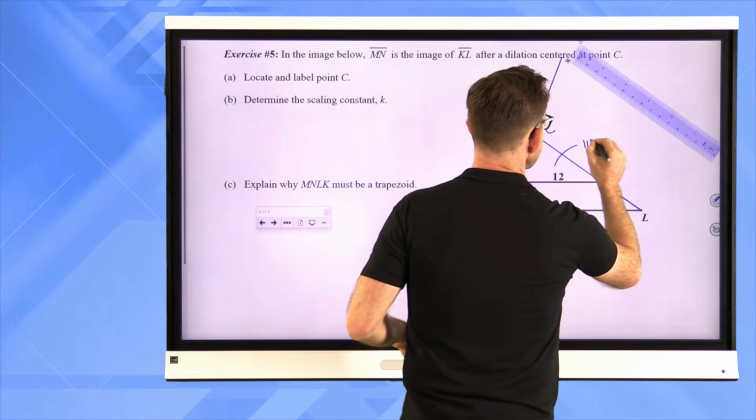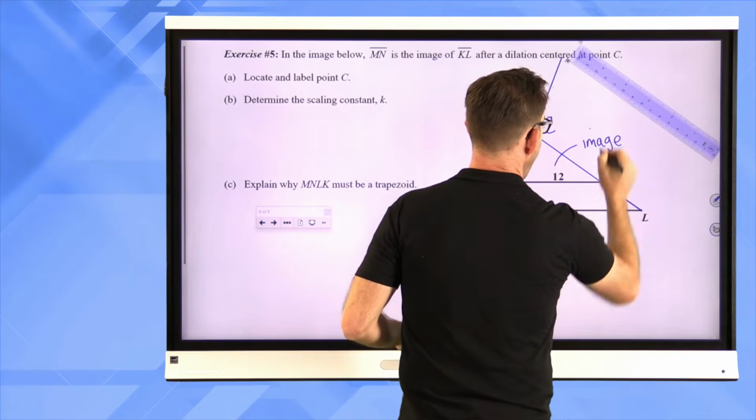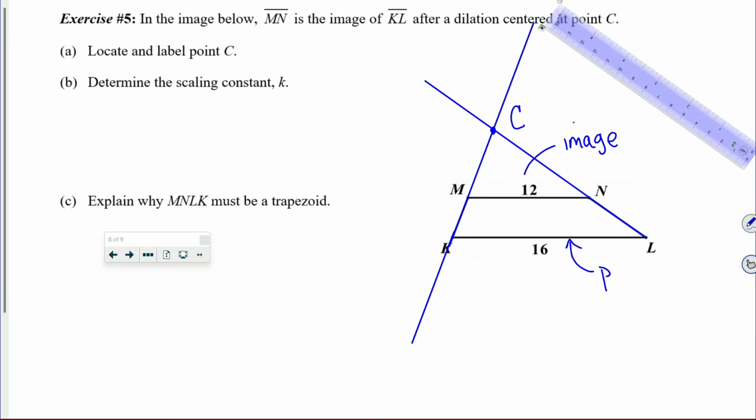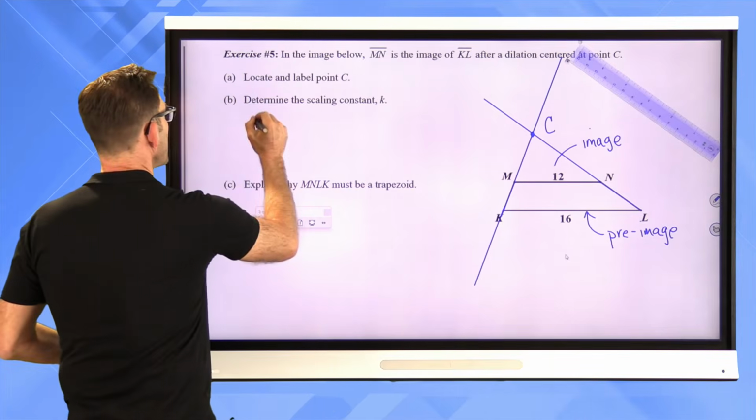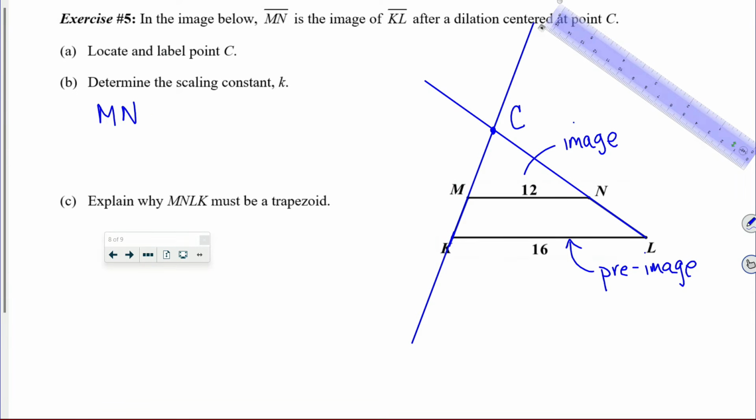This is the image segment. And this is the pre-image segment. That's amazingly important, because we've got this equation that says that the length of the image segment, MN, must be K times the length of the pre-image segment, KL.